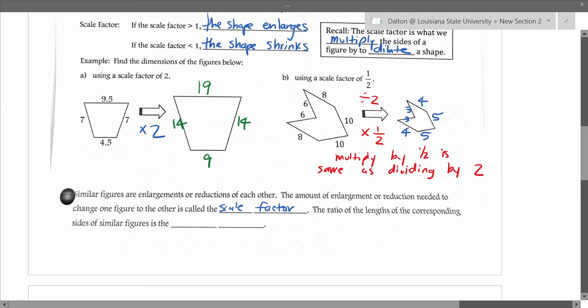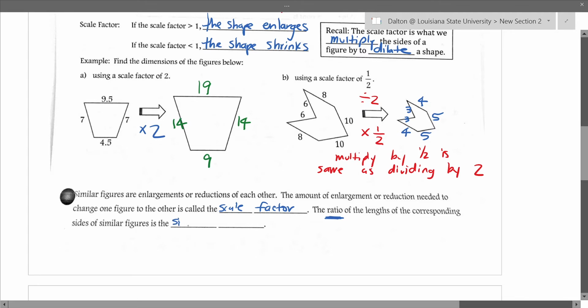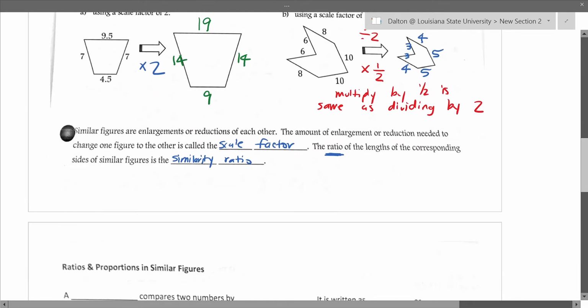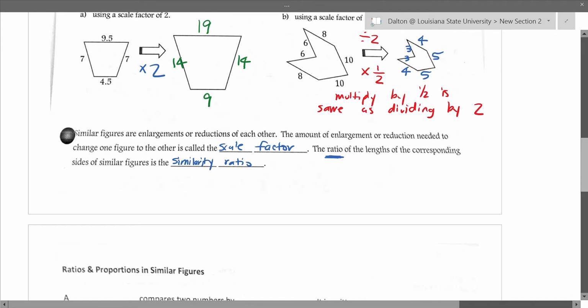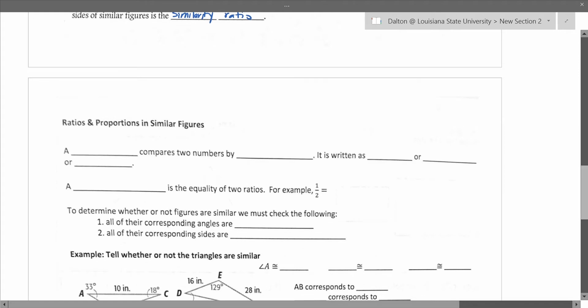And the ratio, that word's important, the ratio of the lengths of the corresponding sides of similar figures is called the similarity ratio. Similarity ratio. So the word ratio is important because all a ratio is, well, that's on the next page, so let me wait. A ratio is simply a comparison, right?